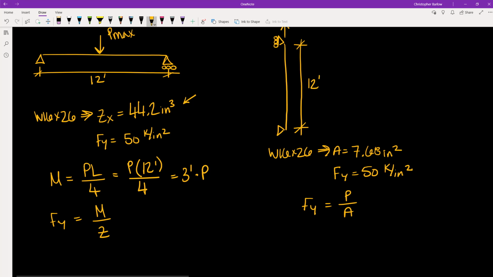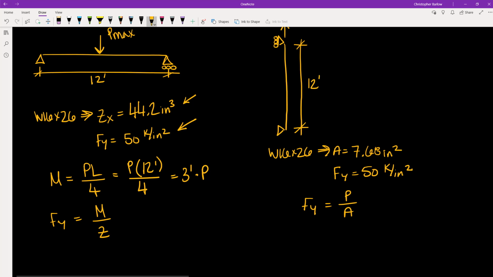We also know that stress is equal to the internal moment divided by the plastic section modulus. And we know that yield stress for a typical wide flange section is always 50 kips per square inch.